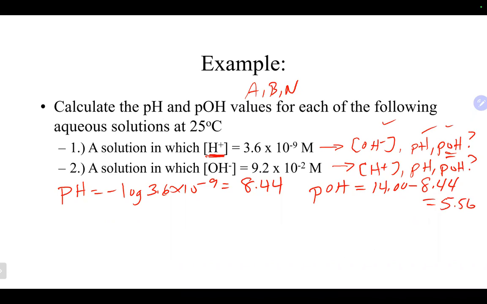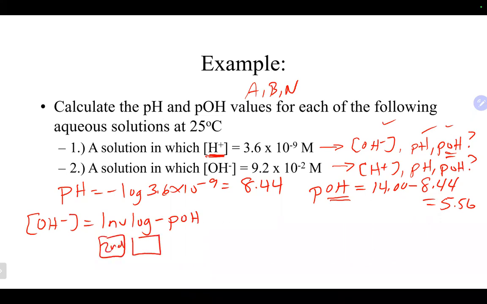Now, instead of using Kw to get the OH minus, since I do have the pOH, I'm going to do that the OH minus will equal the inverse log of the minus pOH. Once again, when you do your second button, your log button, it probably will put a 10 and a caret up there. Make sure you hit your negative and make it 5.56.